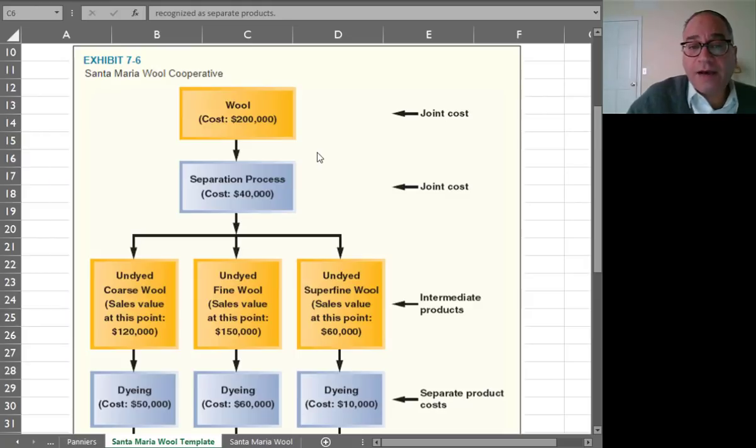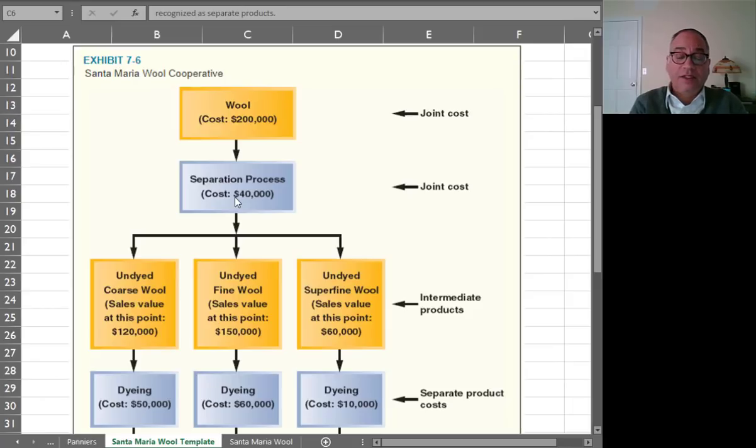So we have here the Santa Maria Wool Cooperative out of the book. And we have wool, and then there's a separation process for the wool. There's a certain amount of wool that's created, I guess from sheep, and then it goes through a separation process where the wool is split off into 3 different products: coarse wool, fine wool, and super fine wool.